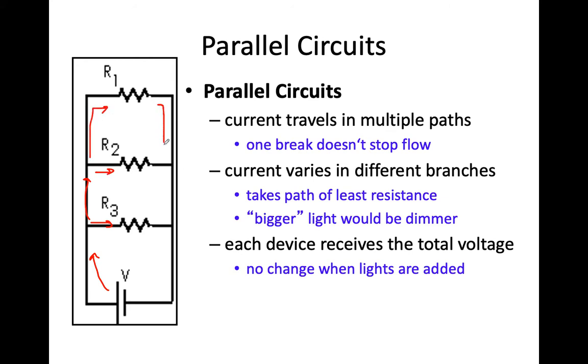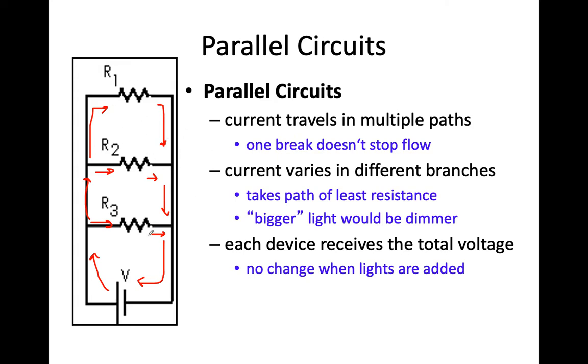But no matter which resistor you go through, you eventually join back onto another branch of the river, and then you all come back together. So no matter where you go, you're going to meet back up, but you have some choices here. If one of these breaks, you could go through the other two. There's still another path or another river to go through.